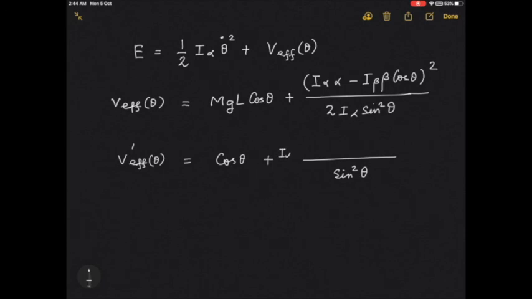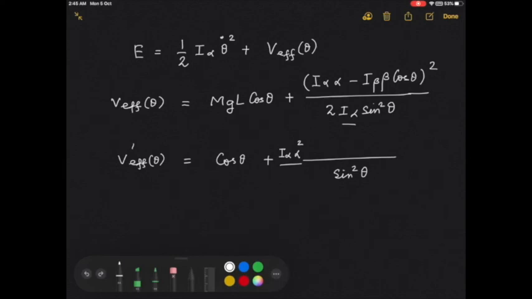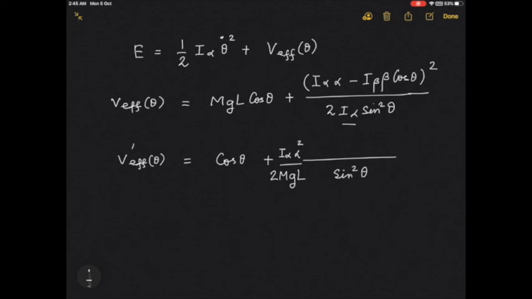So here I can write I alpha. See, I have one I alpha here. I can take I alpha square common outside from the denominator bracket. So that gives me 1 over I alpha. I can also take alpha square outside, so that gives me alpha square. And that half I keep here. And remember that I have already divided everything by mgl. Then this term becomes 1. And this term becomes the ratio of I beta times beta and I alpha times alpha.